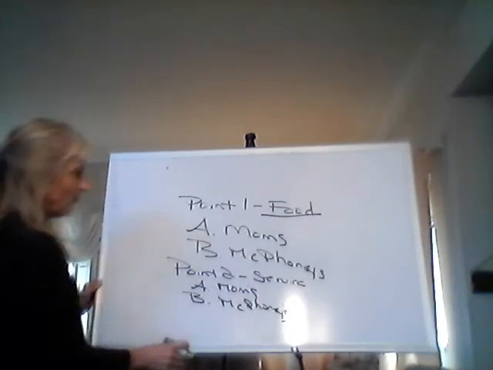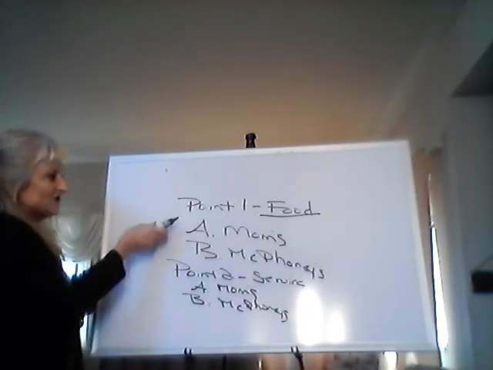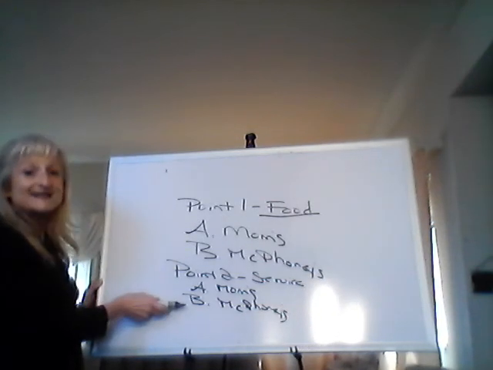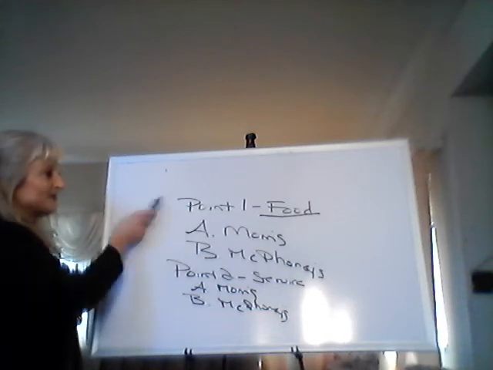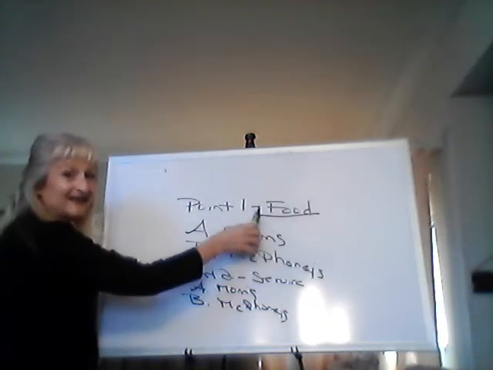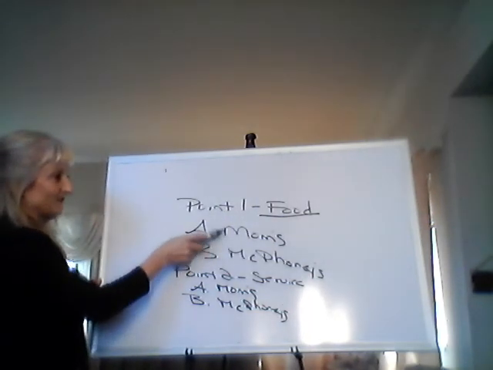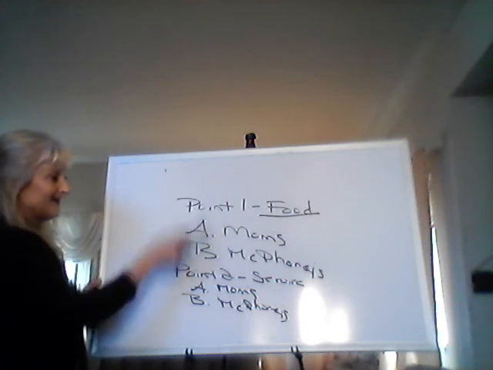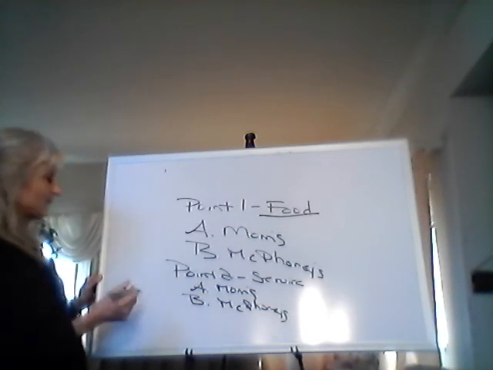In a point-by-point structure, each point will get its own body paragraph normally, right? So each point gets its own body paragraph. You state your idea that supports your thesis, and then you talk about, in this case, the food at both restaurants, and you talk about, in this case, the service at both restaurants.